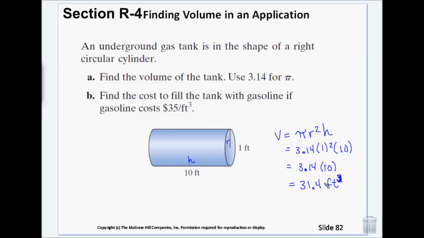Cubic feet. And if it's $35 a cubic foot, and I have 31 cubic feet, I need to multiply this $31 times $35.